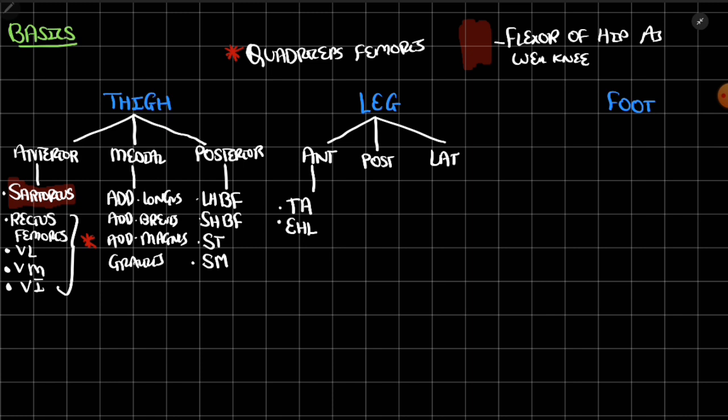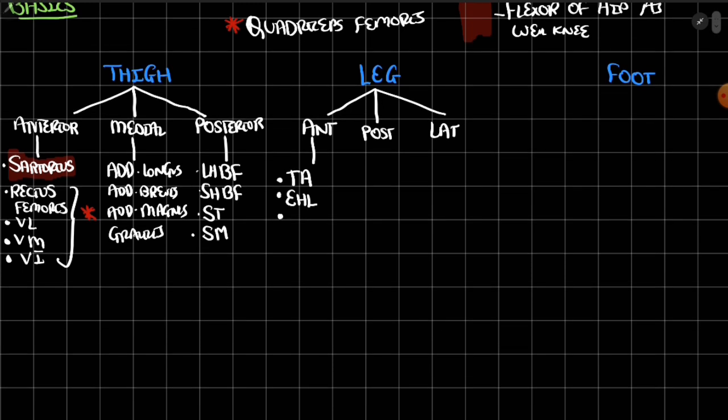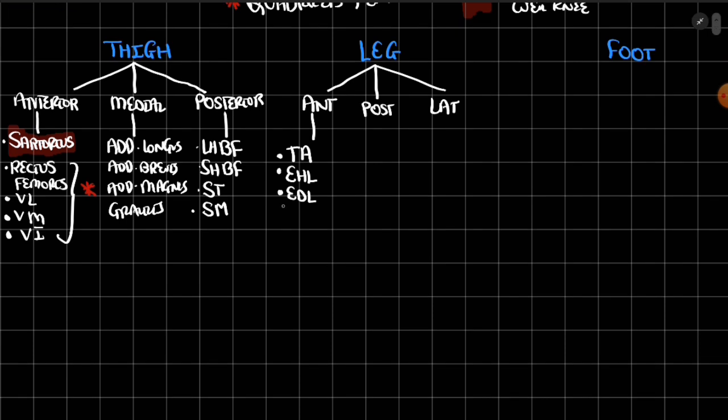Anterior compartment is also the extensor compartment of the leg. Then the extensor digitorum longus is also present in the anterior compartment. Also, I forgot, peroneus tertius is also present in anterior compartment.